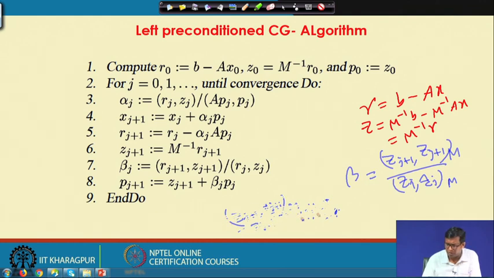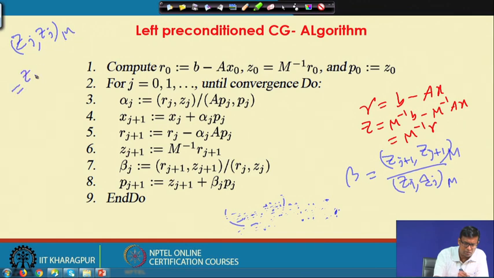We are trying to evaluate the beta. We can check that z_j transpose M z_j, and M z is equal to r.